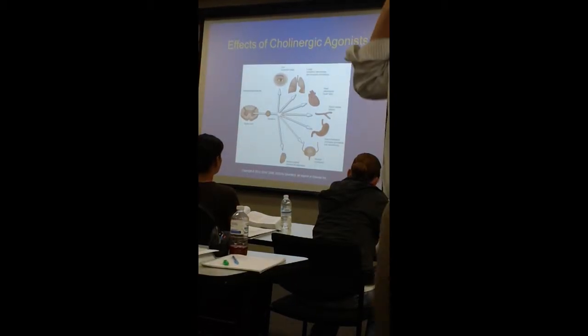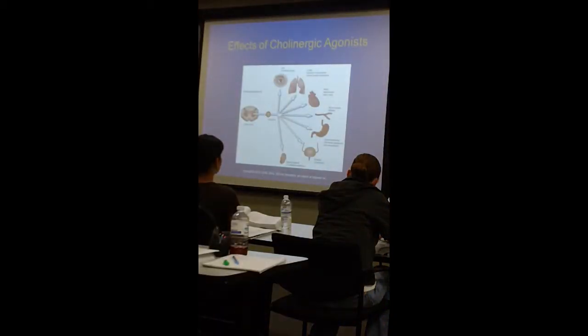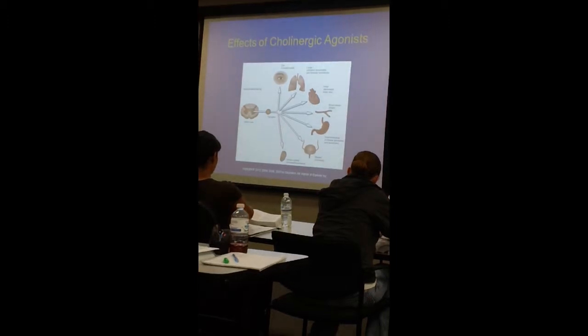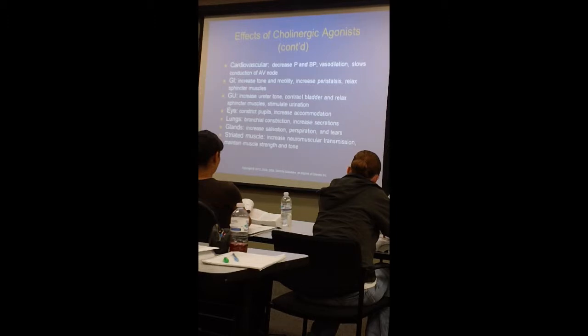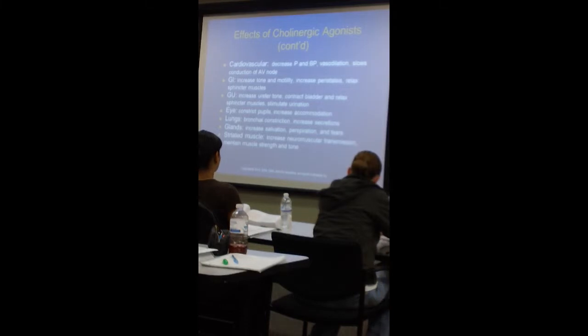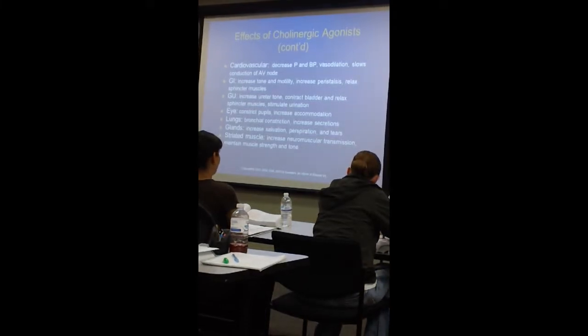Pretty similar to the last ones, aren't they? As far as what organ systems they affect, pretty similar. We will see a lot of these medications in other parts of the body because they are specifically used because of how they affect the body.